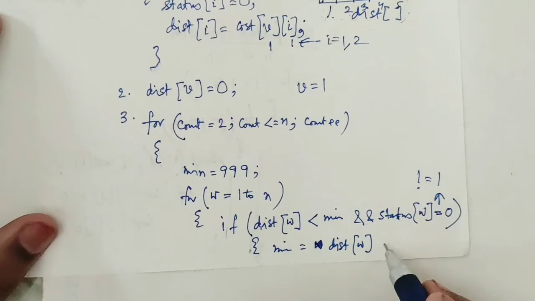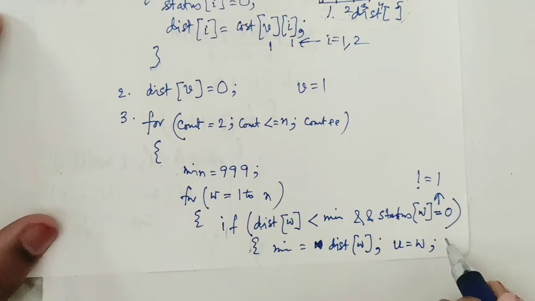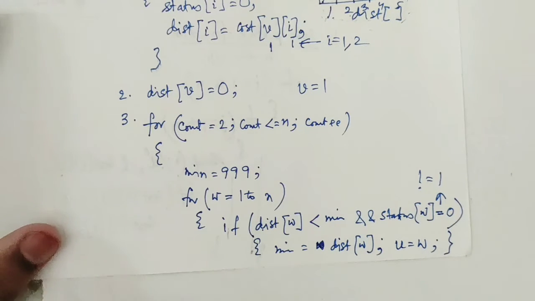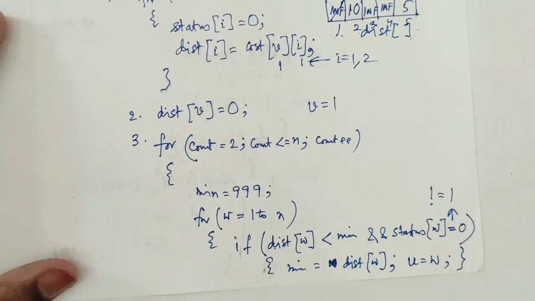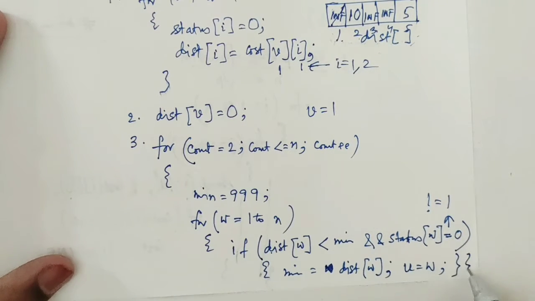And u equals w. So u is a parameter where I will store the vertex number for which its d parameter value is minimum. So this for loop completes. This for loop, w, completes.